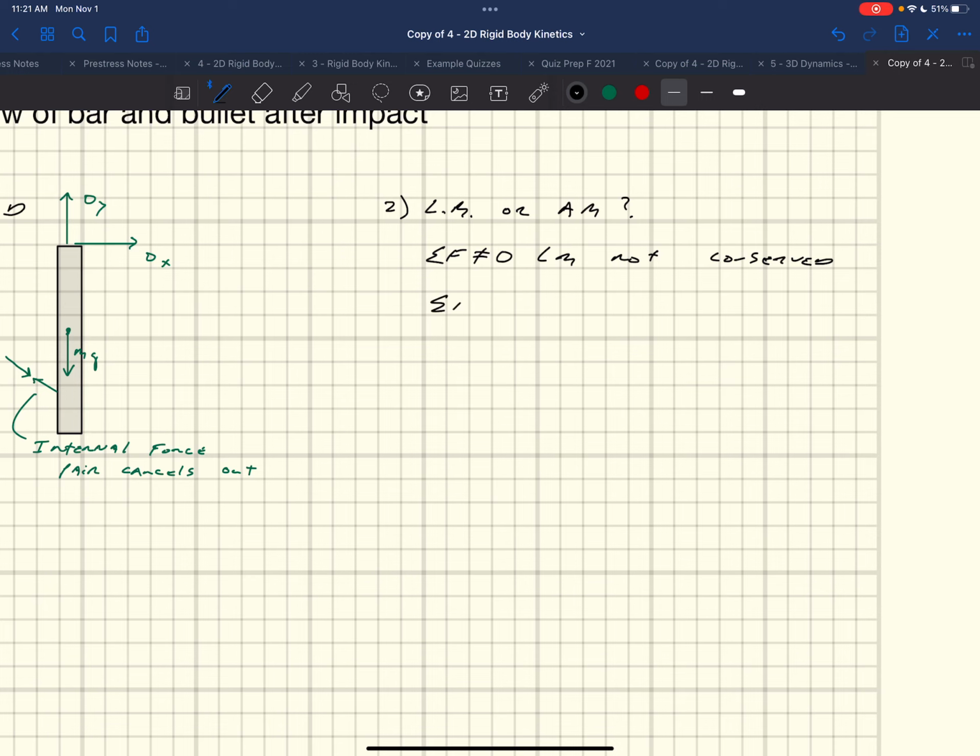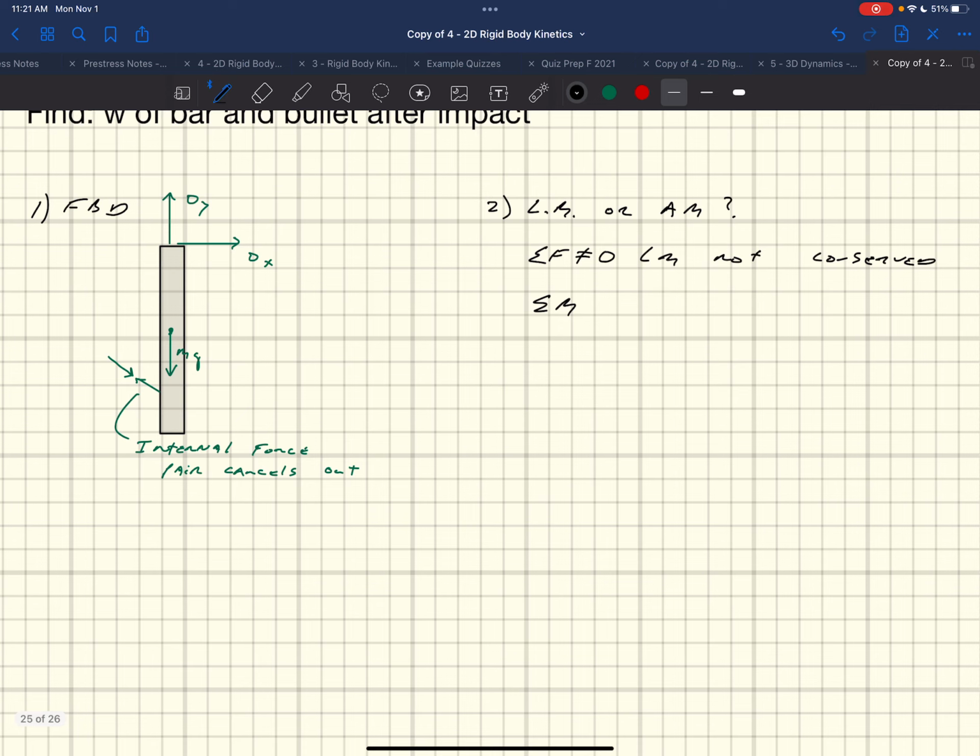In this case, though, the sum of my moments, right? The sum of the moments right here is equal to 0. That has no moment arm, that has no moment arm, that lines up with it, and then these guys are canceling each other out. So one place that the moments are equal to 0, and that's up here at O. Other than that, I cannot say angular momentum is conserved about any other point, because there is going to be a reaction moment happening around that point.